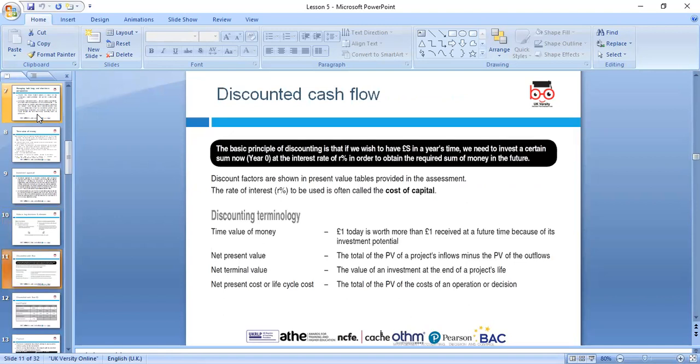Discounted cash flow means that if you want to find the value, you have to decide what the cost of capital is. The basic principle is that a dollar or a pound in a year's time is worth less, so we need to invest a certain sum now at an interest rate percentage, and we can look at compound interest or simple interest. The discount factor is shown in the present value table provided in an assessment.